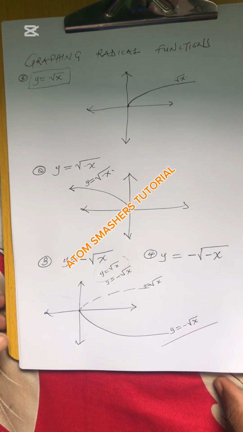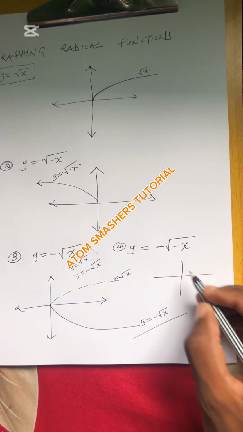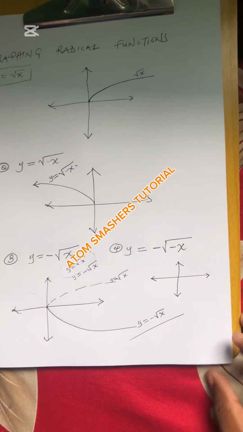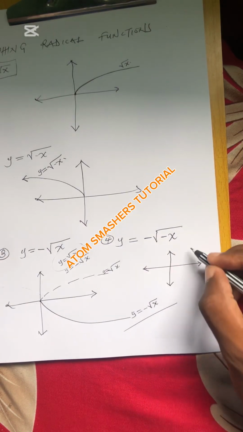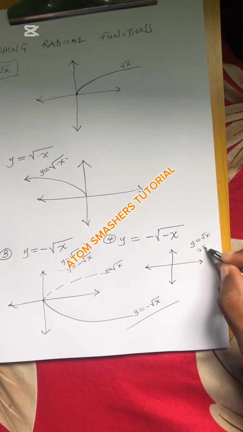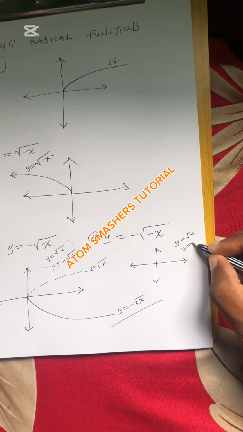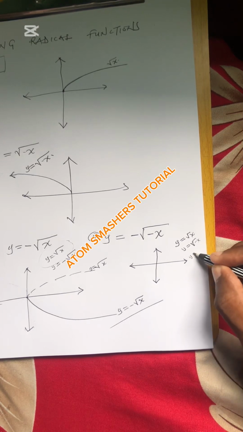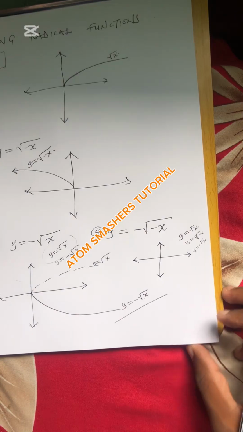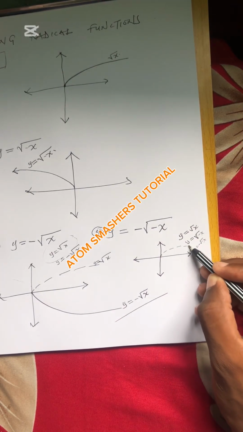Since the space is done, I'll just draw a small one, but make sure that you follow keenly. For this one, we'll plot y is equal to the root of x, y is equal to the root of negative x, then y is equal to negative the root of negative x. For y is equal to the root of x, the graph comes out like this.